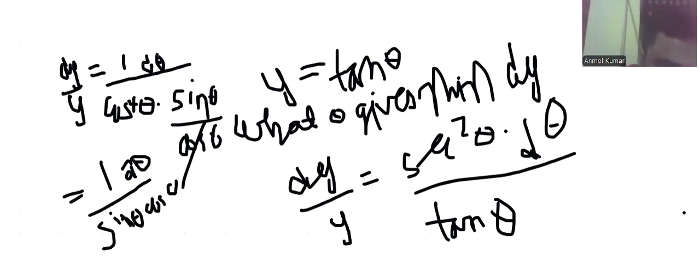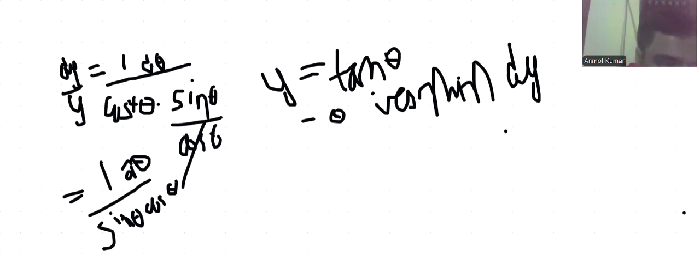You have remembered it in your class 10th or 12th maybe, that sin 2 theta is 2 sin theta cos theta. You are getting the sin theta cos theta, a familiar expression if we multiply this by 2. So what you have to do is just multiply above and below by 2.